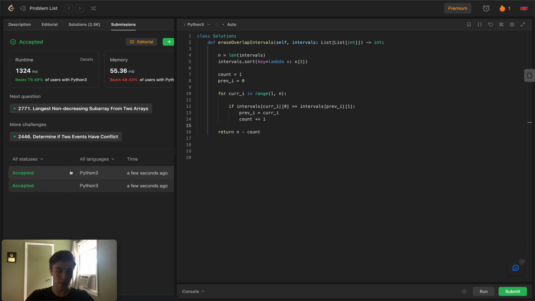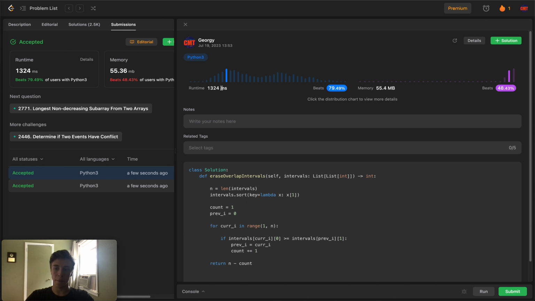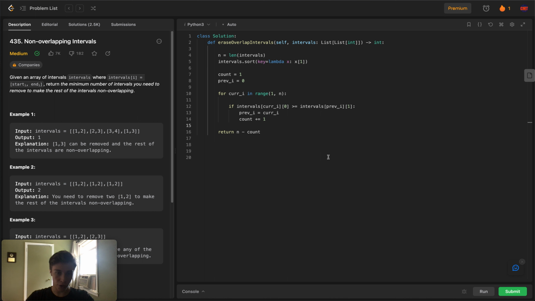I want to simplify the need to make a decision by putting a property on this intervals list. I want this interval list to have the intervals sorted in ascending order by the end of the interval.